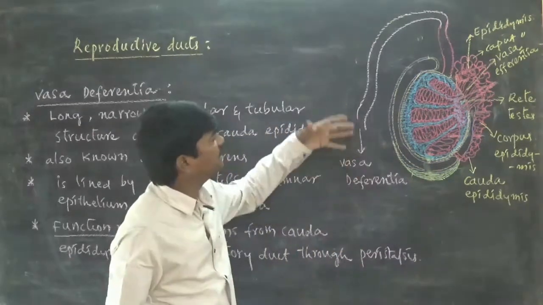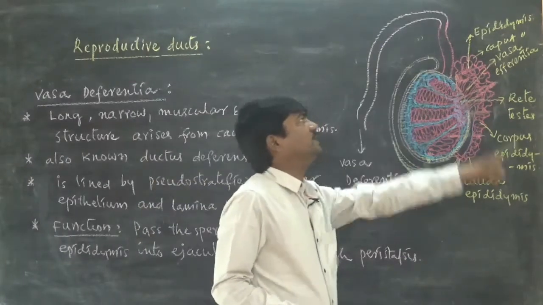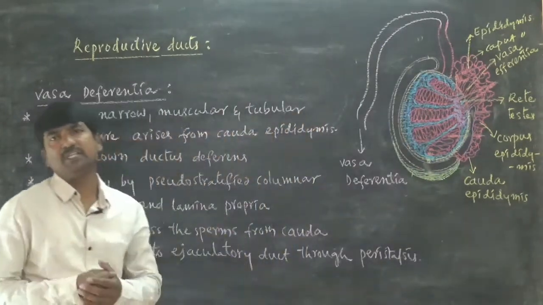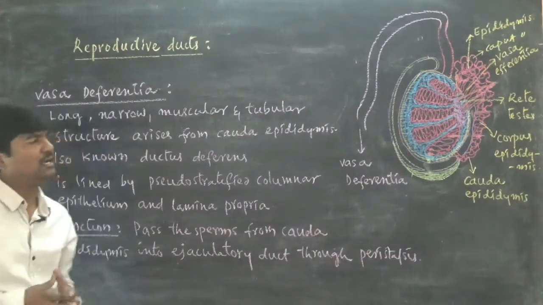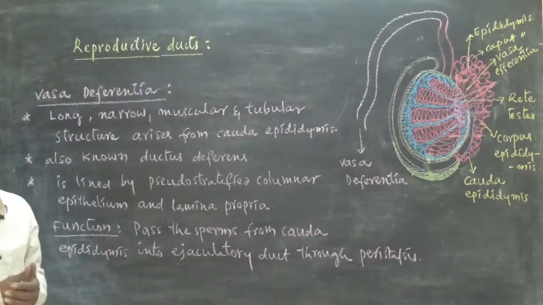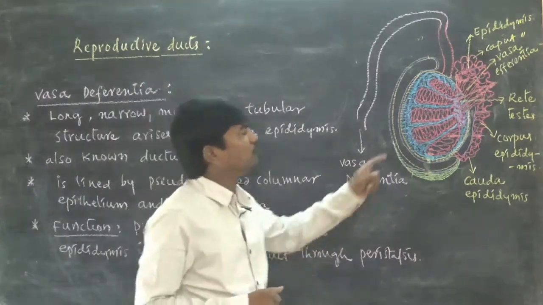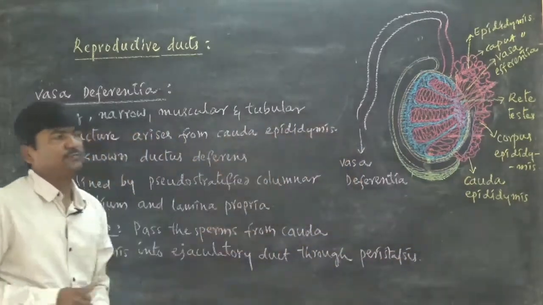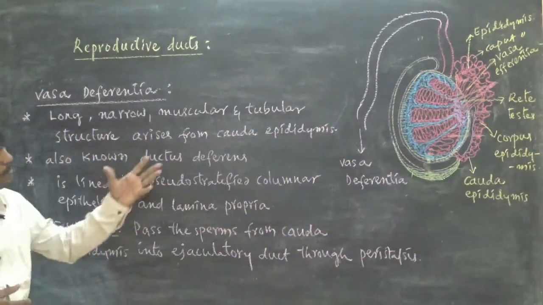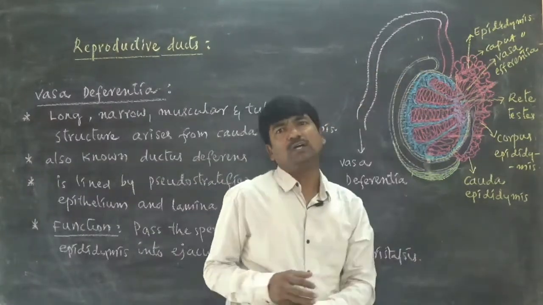Here we can identify the internal structure. The wall of the vas deferens is lined by pseudostratified columnar epithelium, along with the lamina propria, and by that it can pass the sperms from the cauda epididymis into the ejaculatory duct, which is formed by the union of the urethra and vas deferens.